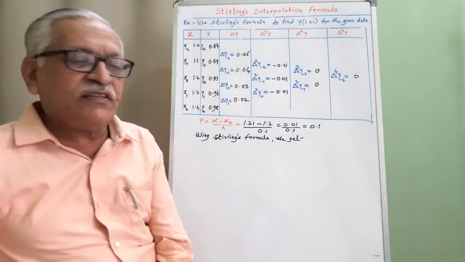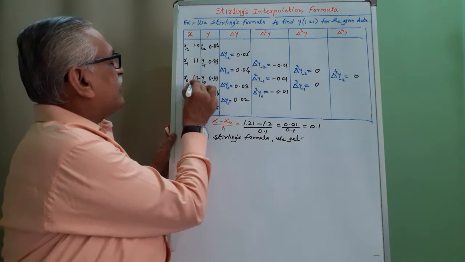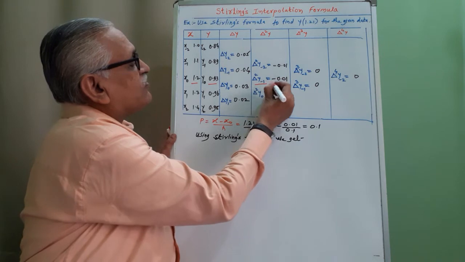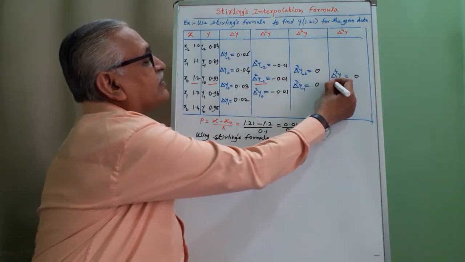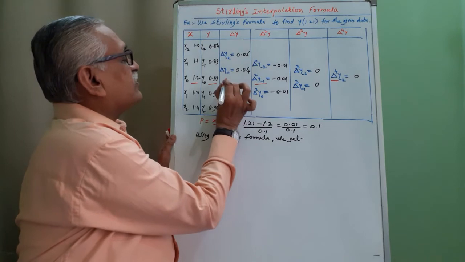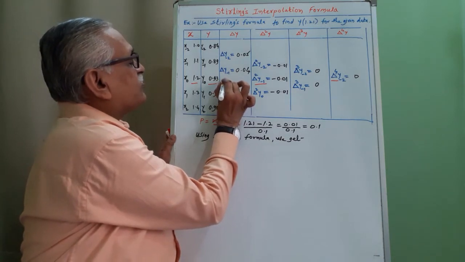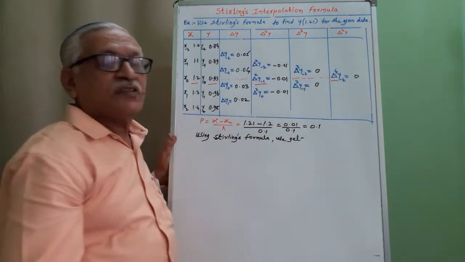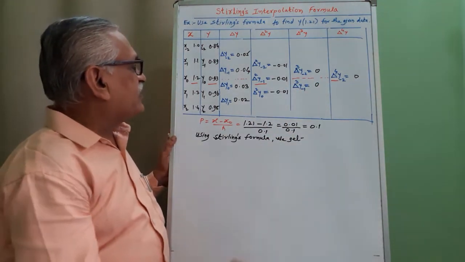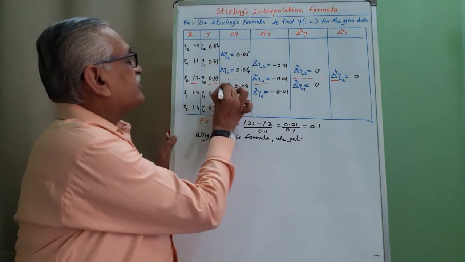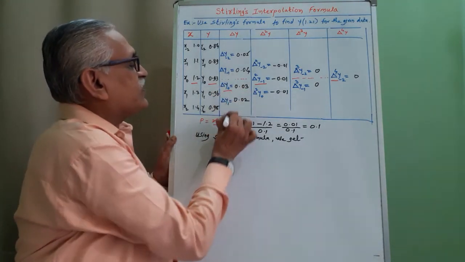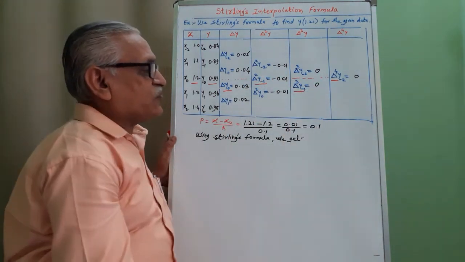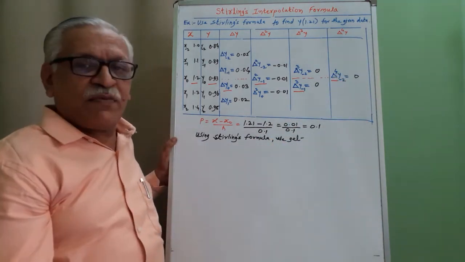Then we underline the central values x0, y0, then del square y minus 1 and del raised to 4 y minus 2. If we try to draw a central line, then we take the values below it, means del y0 we require, then del square y minus 1, then del cube y minus 1, and then del raised to 4 y minus 2.